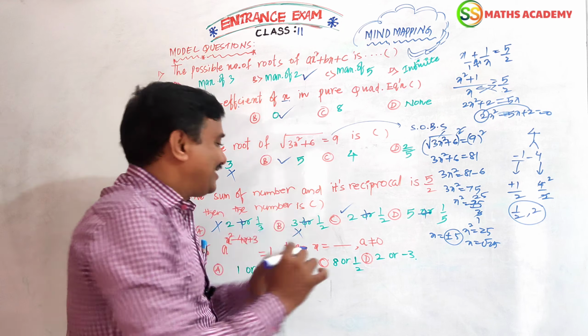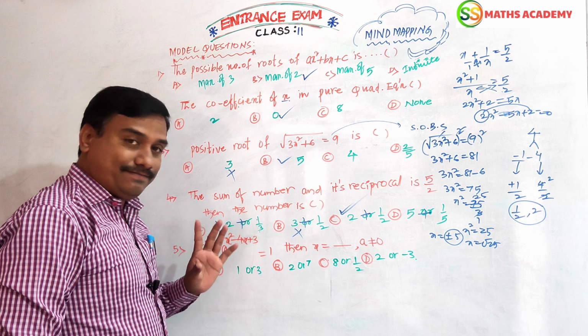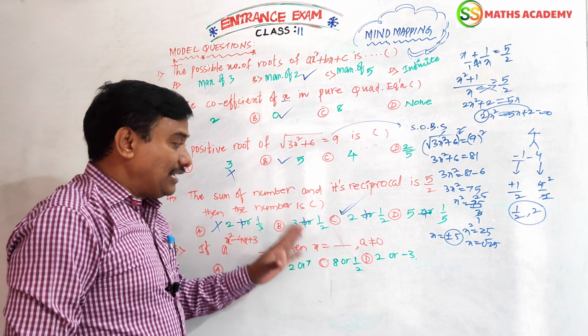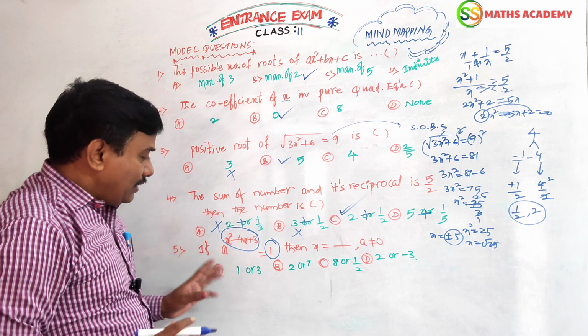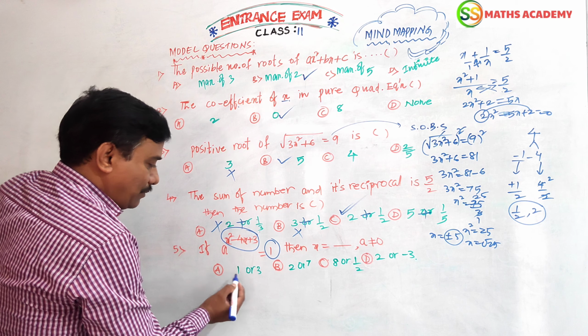Dear guys, now come to the next question. If a to the power of x square minus 4x plus 3 equals 1, then x equals? What is it asking? You have to substitute in the place of x. I should go for a small number, which is 1.